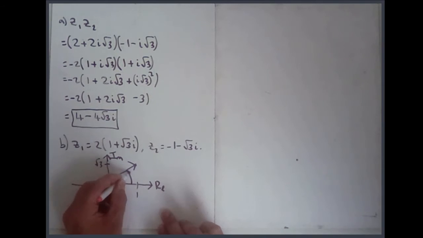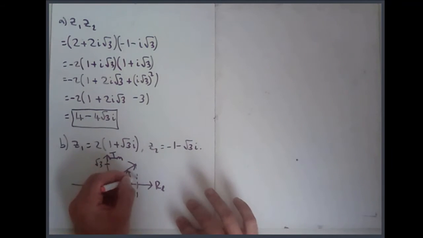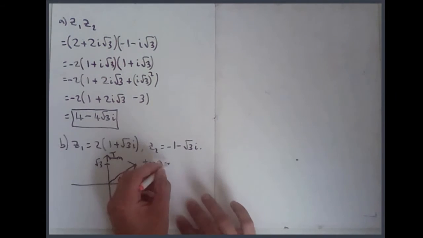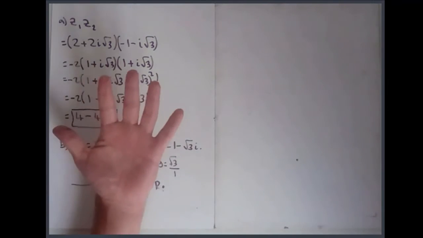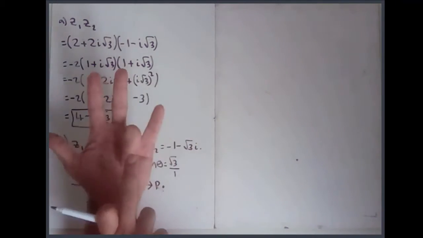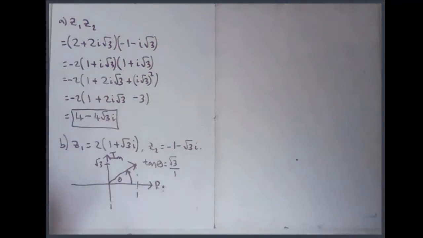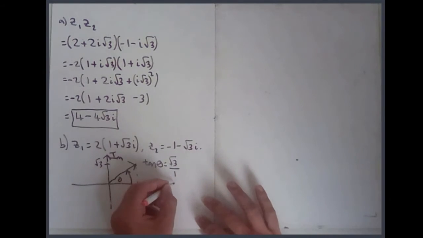Remember, we want the argument, you can see it's going to be positive, everything in the first quadrant. So we call that theta. Tan theta equals root 3 over 1. And if you use your hand, you know that when theta is 0, 30, 45, 60 degrees, tan theta is root 3 over 1. So 60 degrees equals pi by 3.